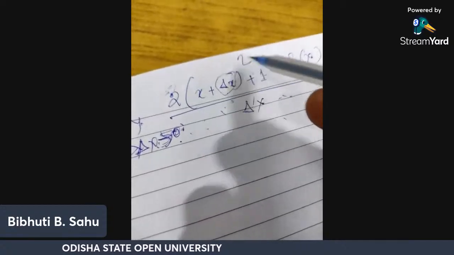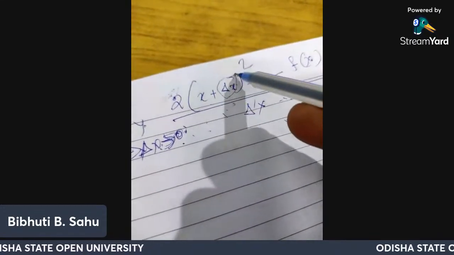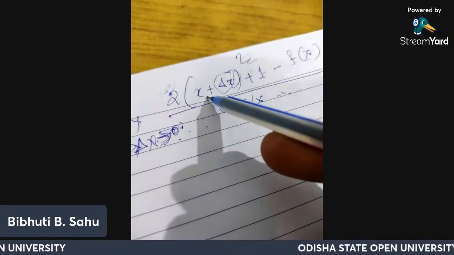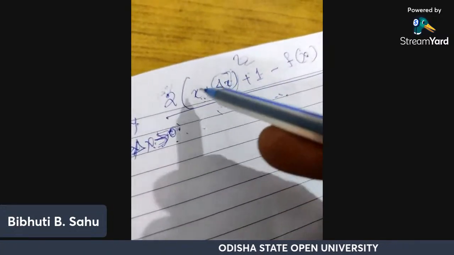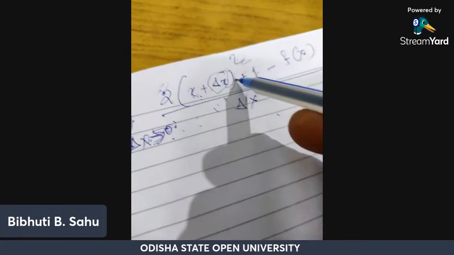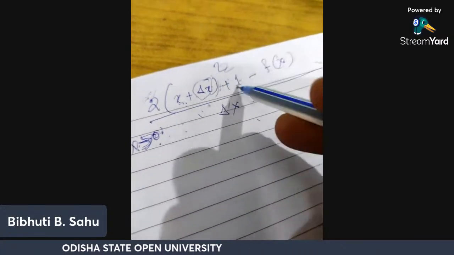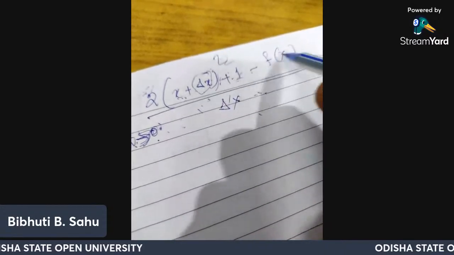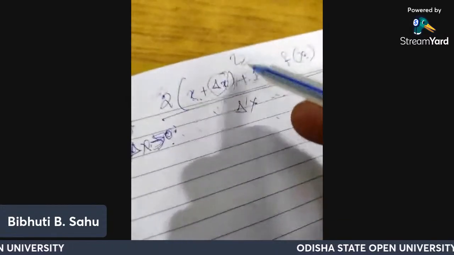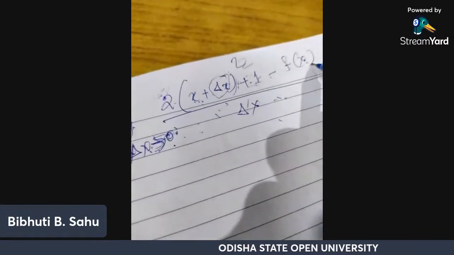So by taking this type of deviations, we can find out what the value will be. By applying the rules, (x plus delta x) whole square gives x square plus 2x delta x plus delta x square, plus 1 minus here 2x square plus 1.